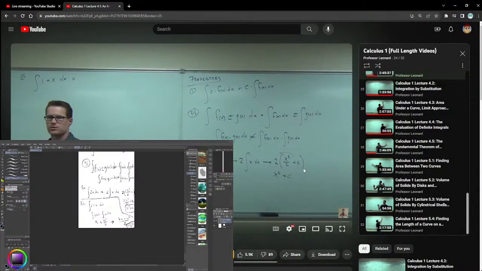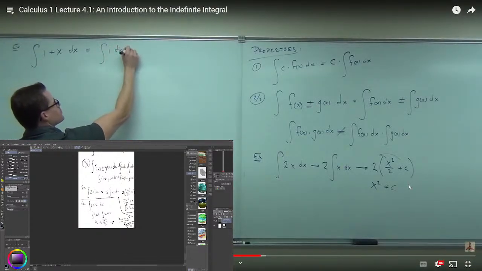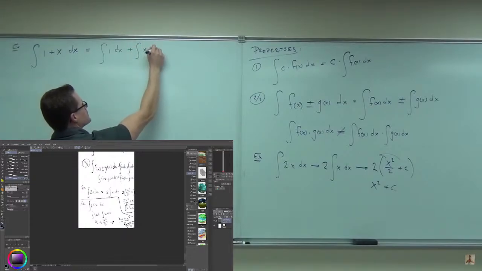That'd be 2x over 2 plus x squared, so 2x plus x squared over 2. Factor out an x, over 2. That's the integral of 1 dx plus the integral of x dx.